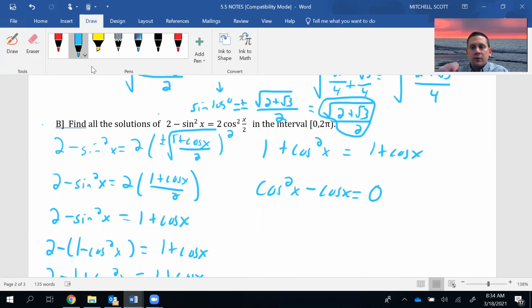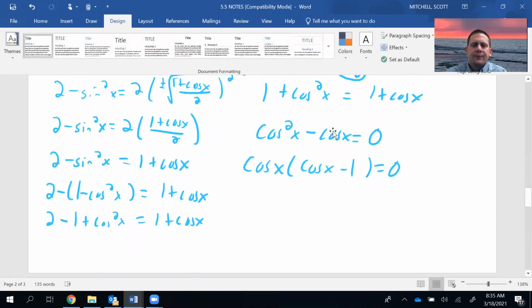So I set it equal to 0. Now I just need to factor. All right. So we're going to factor out a cosine. I'm going to have cosine minus 1 equals 0.